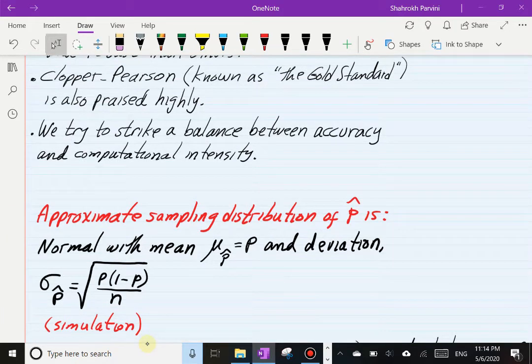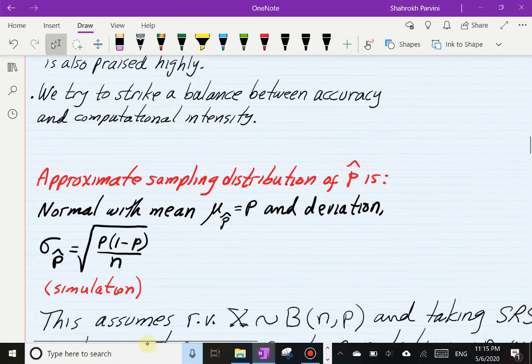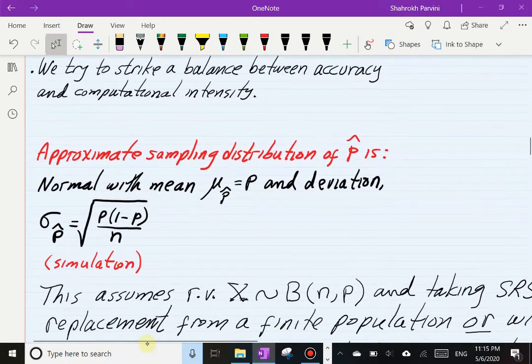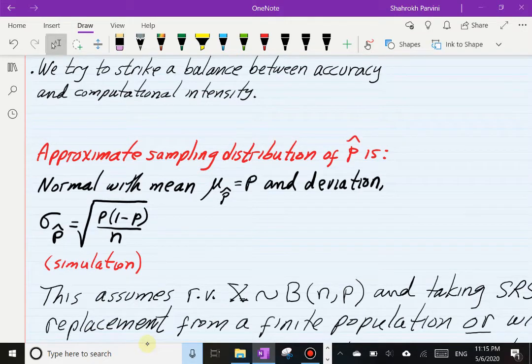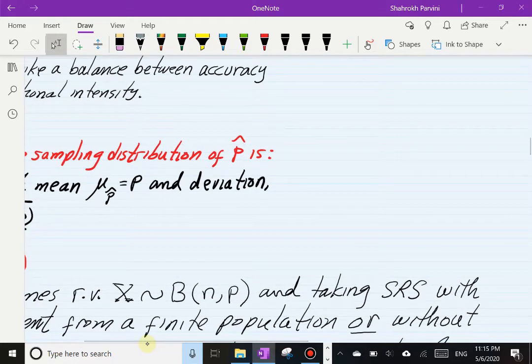What this normal approximation says is that the approximate sampling distribution of p hat is normal with the mean mu of p hat, which is equal to p, and the standard deviation given by that formula. To get this sampling distribution, we assume that our random variable x is a binomial random variable, and as always we take a simple random sample.